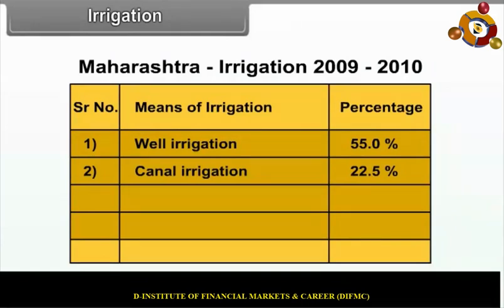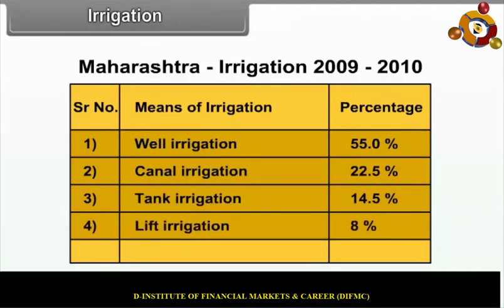Percentage 22.5. Number 3, means of irrigation, tank irrigation. Percentage 14.5. Number 4, means of irrigation, lift irrigation. Percentage 8.0. Total 100%.